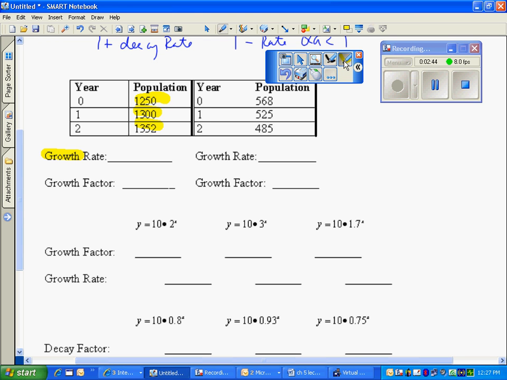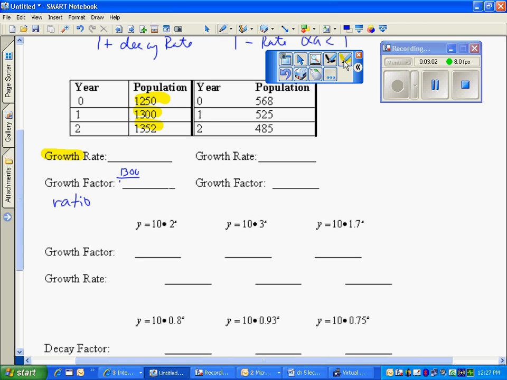To find the factor, if you recall, it's the ratio of consecutive terms. So the ratio would be 1,300 to 1,250, and you can see that number is bigger than 1.